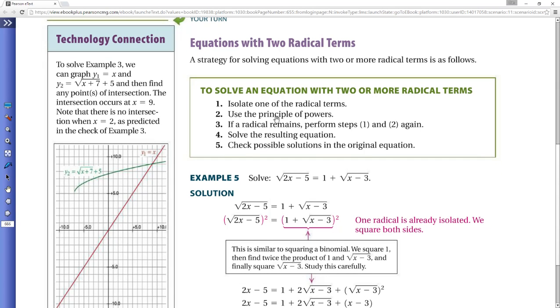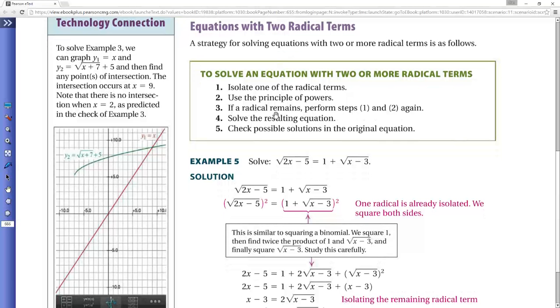Now, probably the more complicated part of this lesson is the equations with two radical terms. Now we're going to deal with binomials squared and those kinds of things again. But the strategy is pretty much the same here. It says isolate one of the radical terms, because we're going to have two of them.